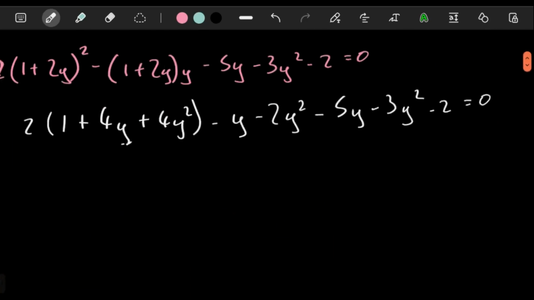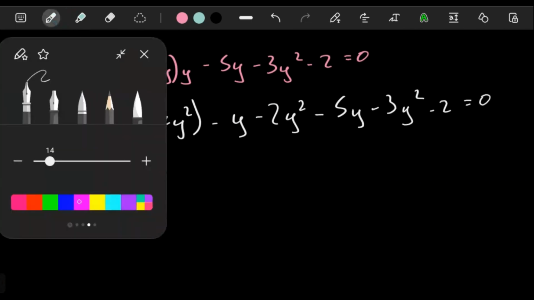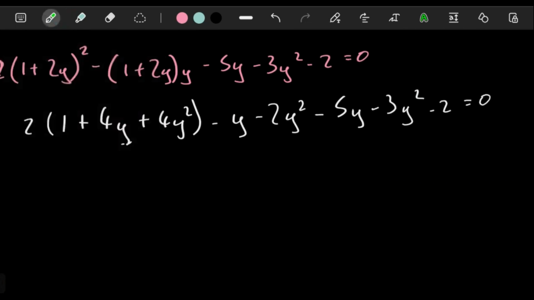So we need to just be taking things nice and slow, right? Because we don't want to rush and make a mistake unnecessarily. So from here, let's see. Let's multiply inside this. It's going to be 2 plus 8y plus another plus 8y squared.